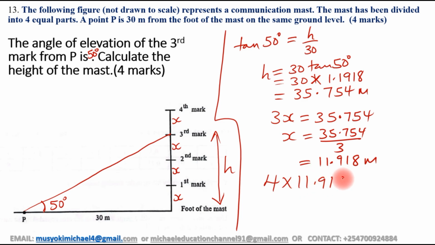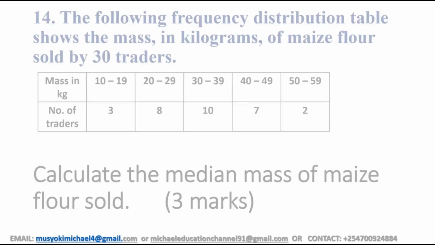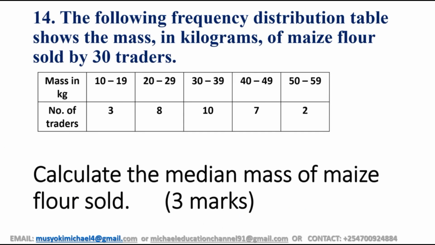But to get the height of the mast, it is 4x, so it will be 4 times 11.918, which will get us 47.672 meters, and that is the height of the mast.